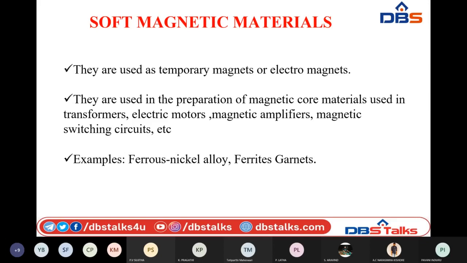These magnetic switching circuits are helpful to turn on or turn off electrical circuits whenever they detect a magnetic field. The examples of soft magnetic materials are ferrous nickel alloy and ferrites garnets. These are materials which have very little hysteresis loss.